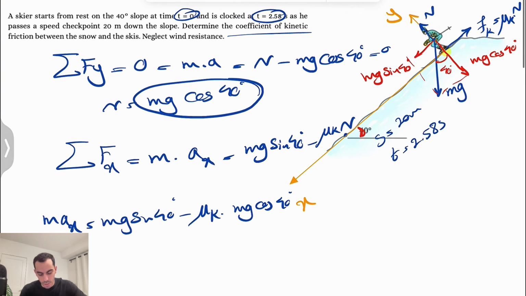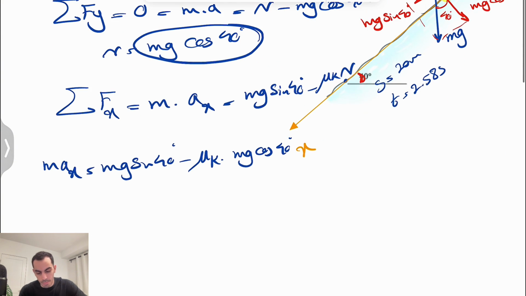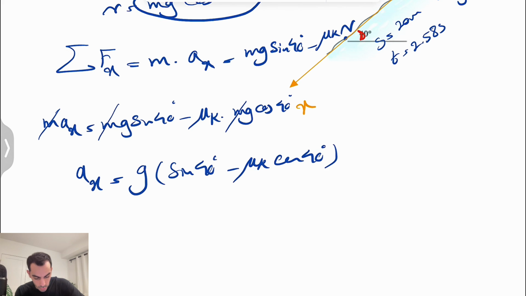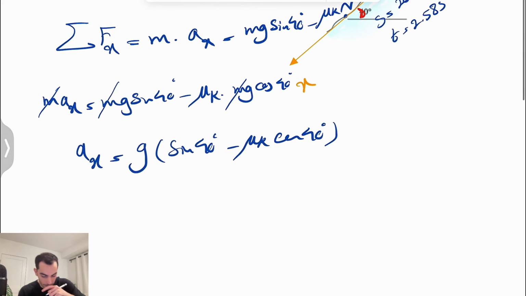And that's why the question is not giving us the mass of this skier, because it will be canceled out. If we factor m on the right side of this equation, we get rid of the mass. So basically our acceleration is g times sine of 40 minus mu k cosine of 40 degrees.